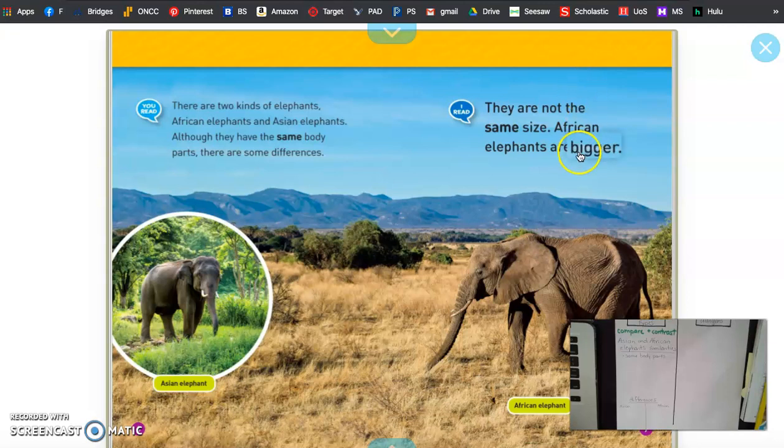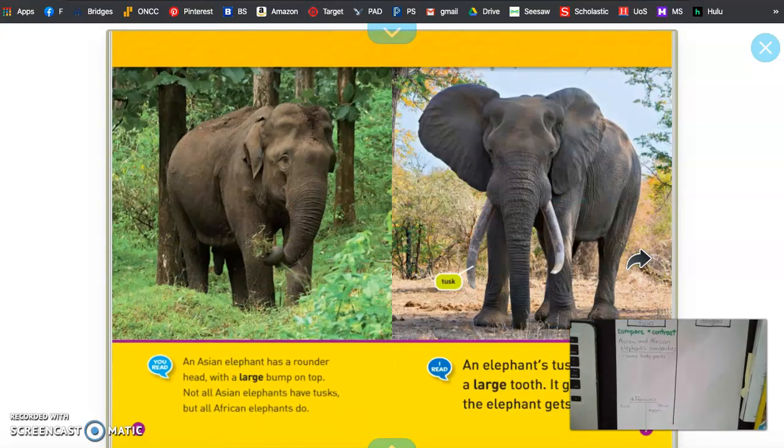Okay, so African elephants are bigger. So over here under African, one way they're different is the African is bigger. Let me go to the next page. An Asian elephant has a rounder head with a large bump on top.